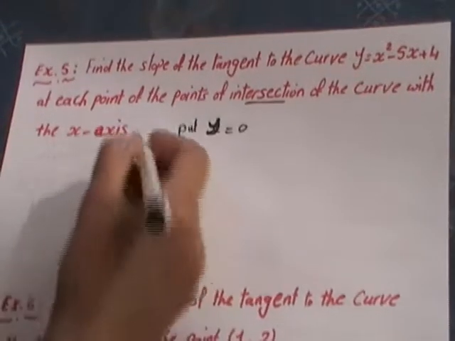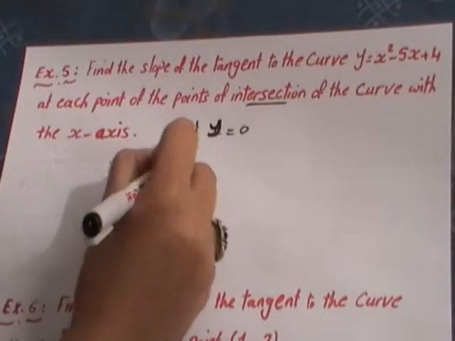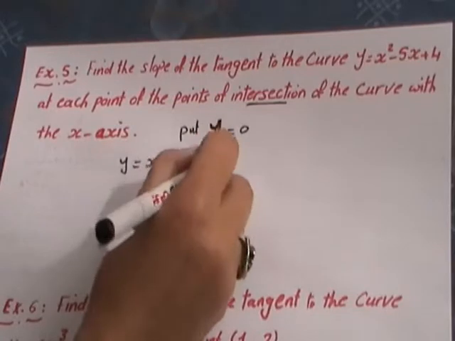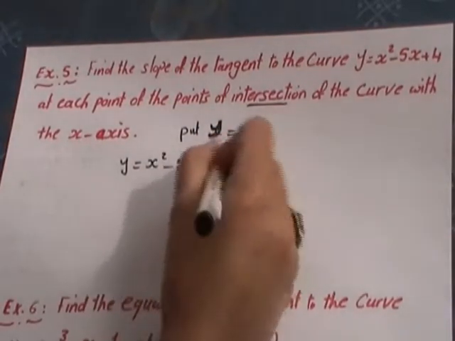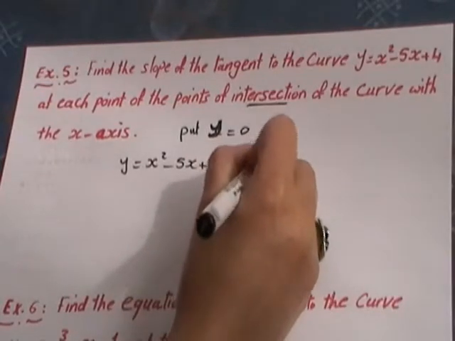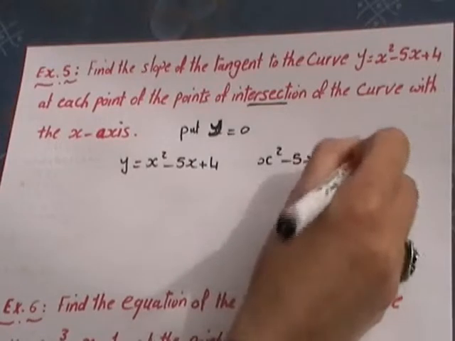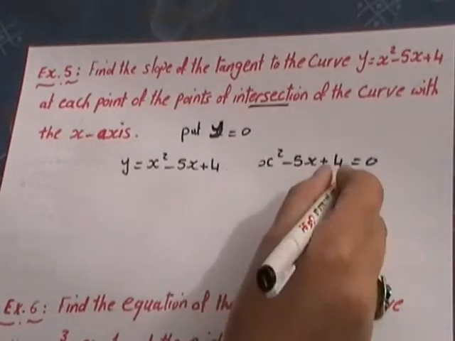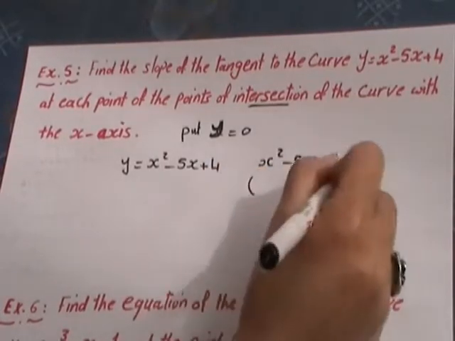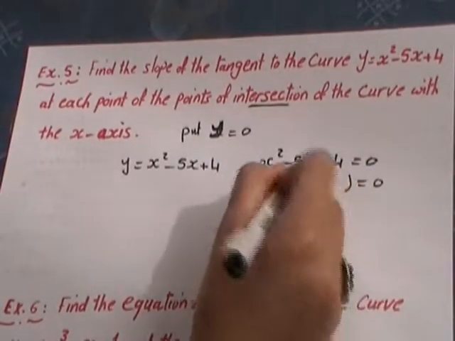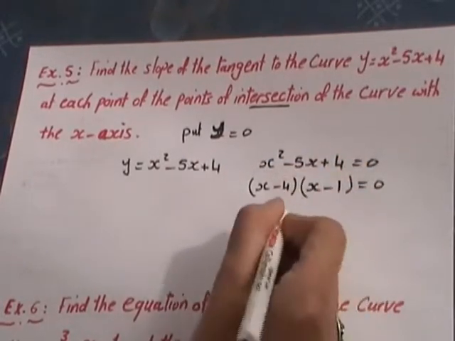We now have y equals x squared minus 5x plus 4. If y equals 0, this equation becomes x squared minus 5x plus 4 equals 0. We can find the solution of this equation by factorizing it into 2 brackets equal to 0: x minus 4 and x minus 1.